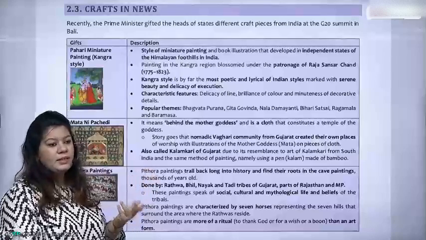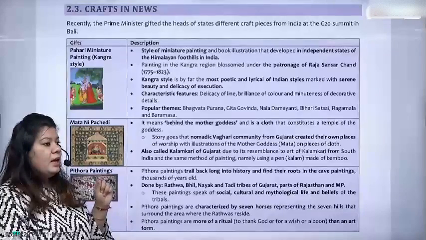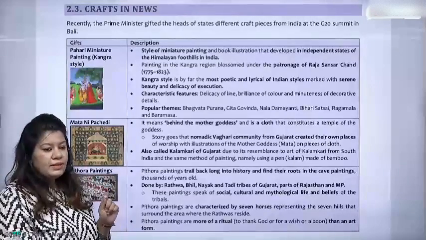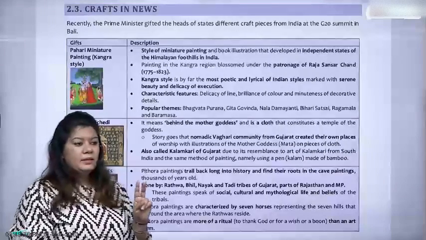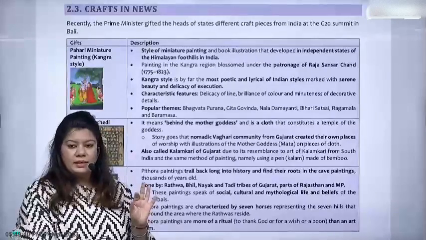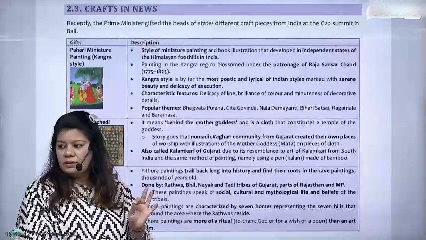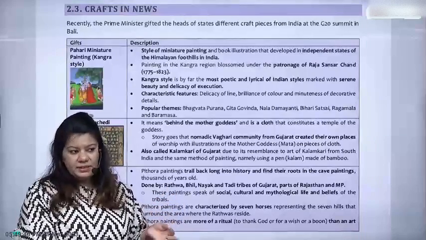Kalamkari painting, as I told you, has already been asked by UPSC, and Kalamkari paintings are also found in UNESCO's tentative list. Okay, I hope you know that there are two kinds of lists. One is the tentative list and one is the inscribed list or representative list.